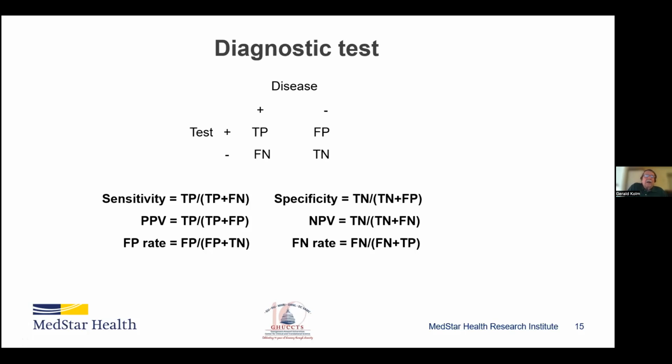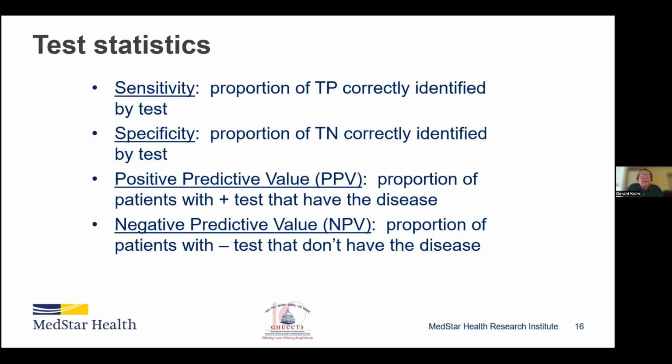So that's really the essence of a diagnostic test and the statistics that we can calculate from a diagnostic test, which in this case is the results of the test are either positive or negative for the disease. And so in words, what I've just gone over here is that sensitivity is basically the proportion of true positives that are correctly identified by the test.